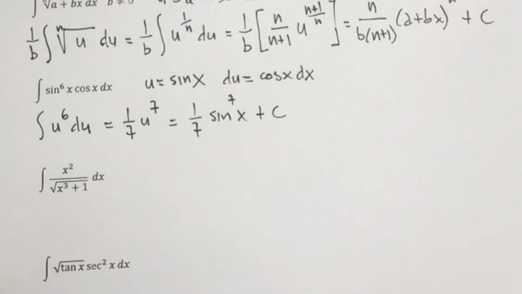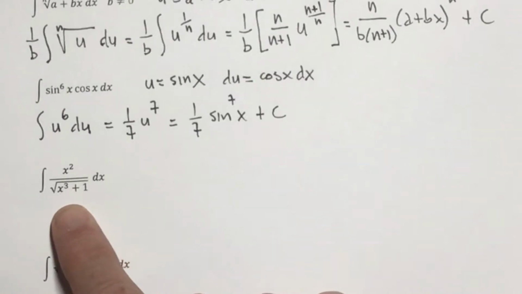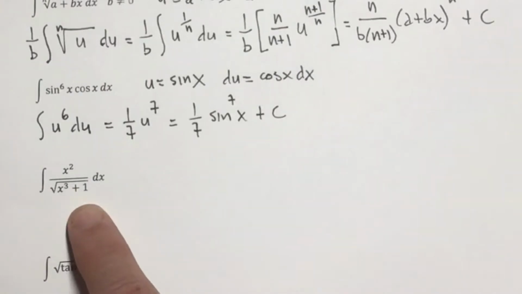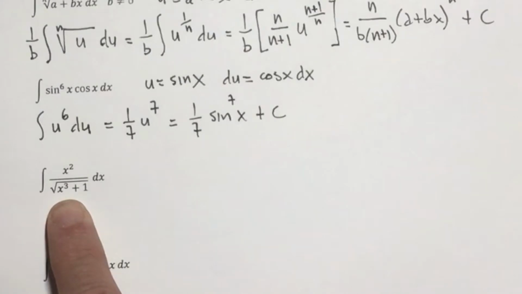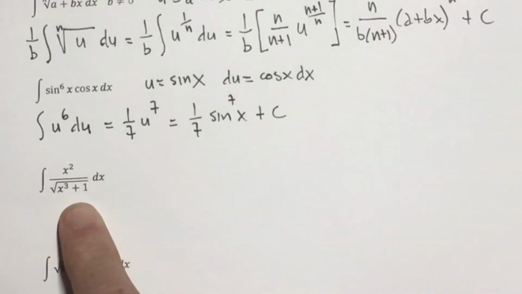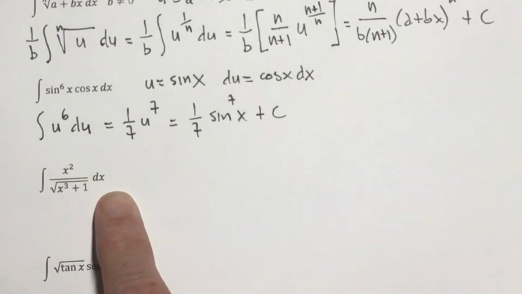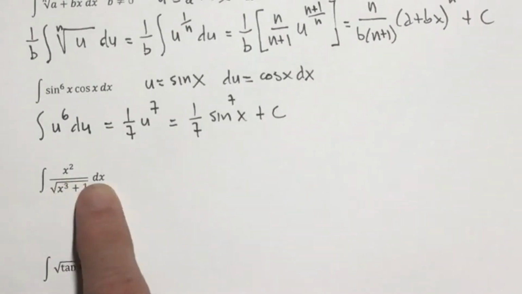Okay, let's do this one right there. X squared, x cubed plus 1. And so now you see you're starting to look ahead, right? You know that your du's got to include the dx and anything else. And sure, if we let u equal x cubed plus 1, the derivative of that will be x squared dx. Okay, so that'll account for that.